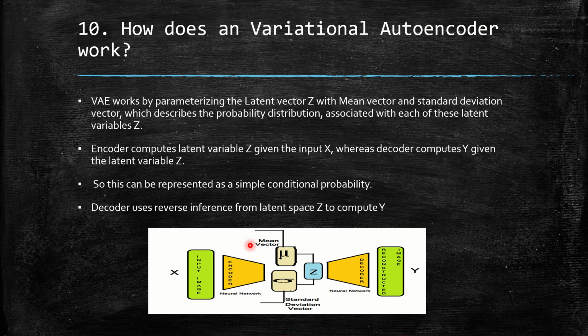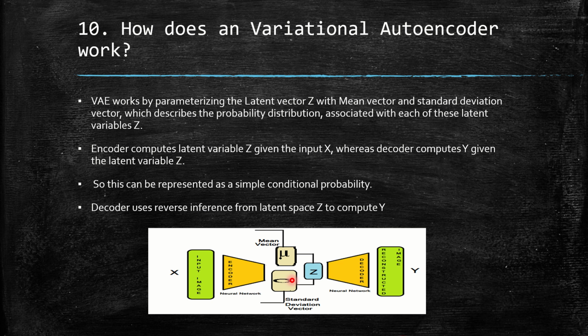You can see that I've got the mean vector and the standard deviation vector. So the VAE works by parameterizing the latent vector z with the mean vector and the standard deviation vector, which describe the probability distribution, and this is very important for us to understand.